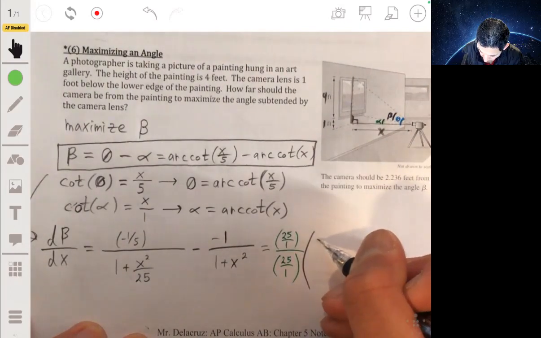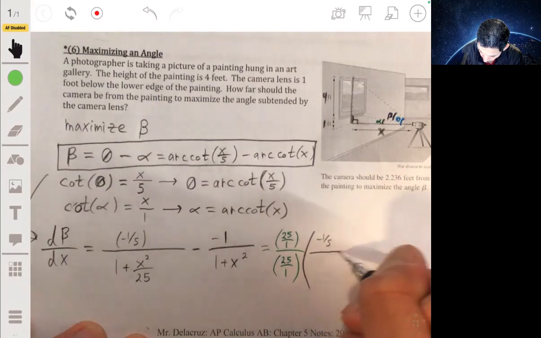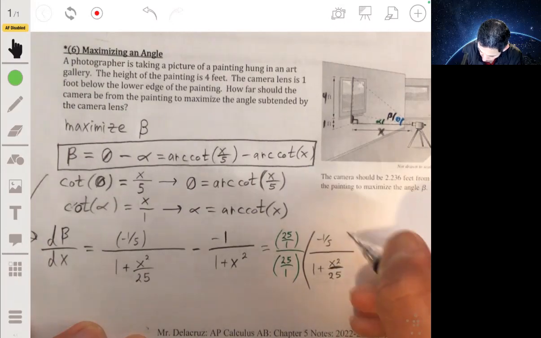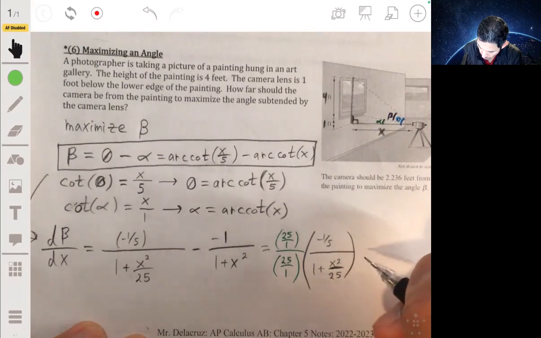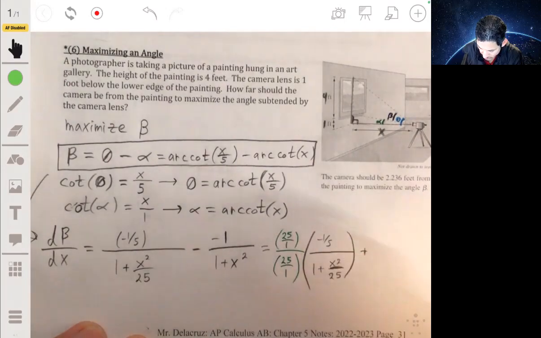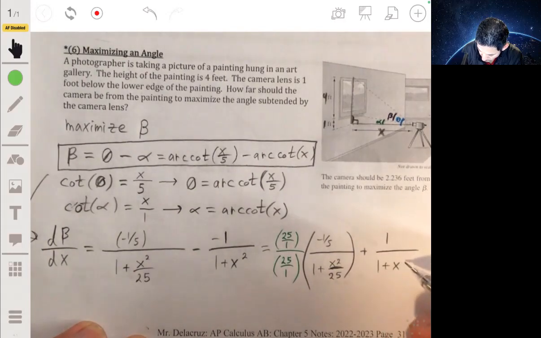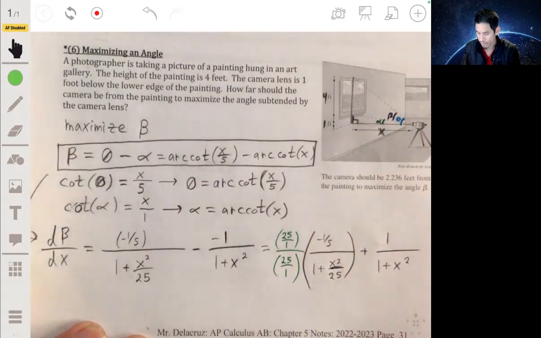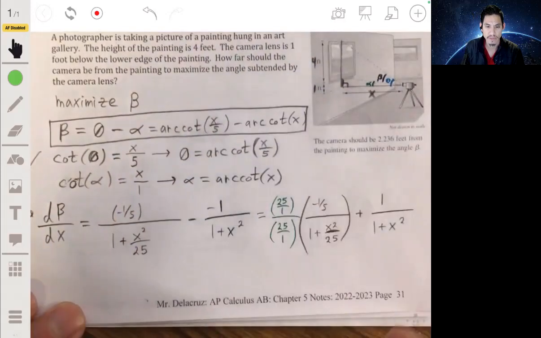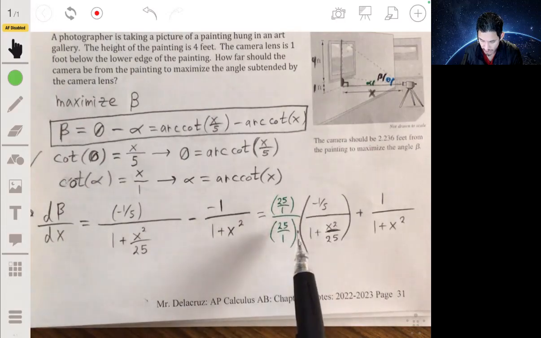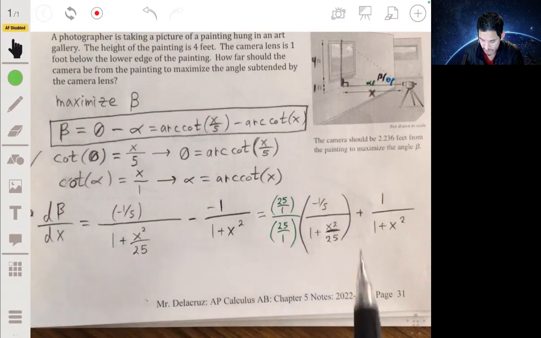So times negative 1/5 on top over 1 plus x squared over 25. Plus, because that's already minus minus, so plus a 1 over 1 plus x squared. Okay, and I'm just doing some fancy algebra. You don't have to simplify this way, but breaking it down, you'll get a negative 5 on top. And here you'll get 25 plus x squared.